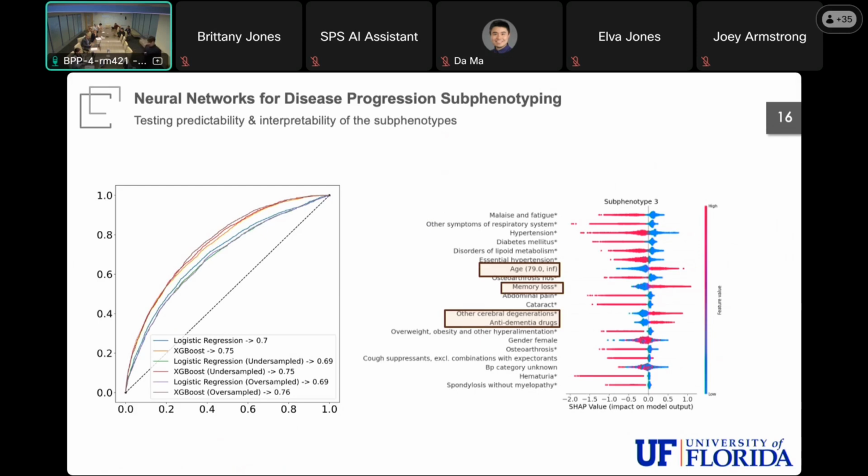And to conclude, in this study, we built a framework for analyzing real-world data to decode subtypes in disease. And the results show that we have identified 4 progression subphenotypes, and these subphenotypes are predictable and interpretable.